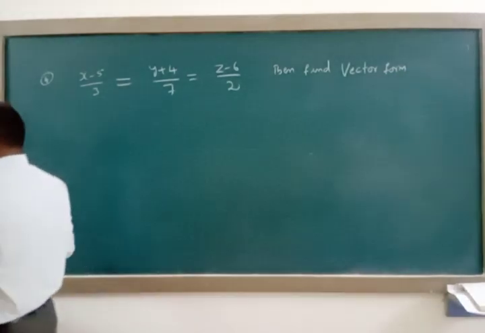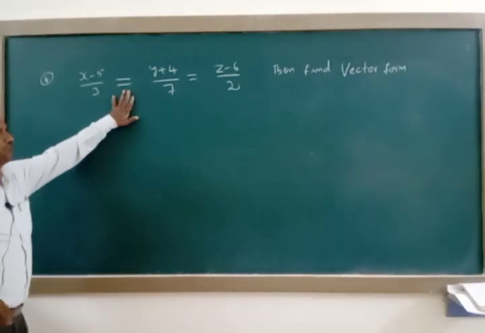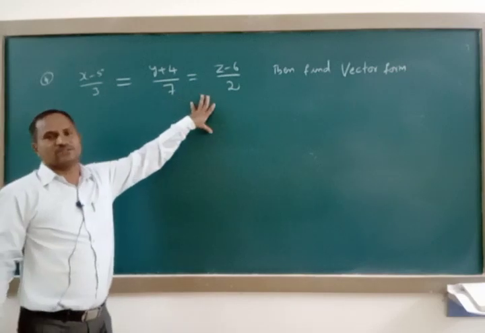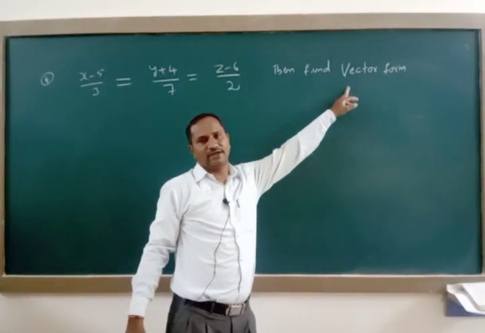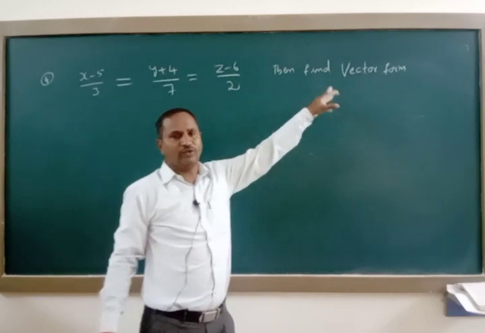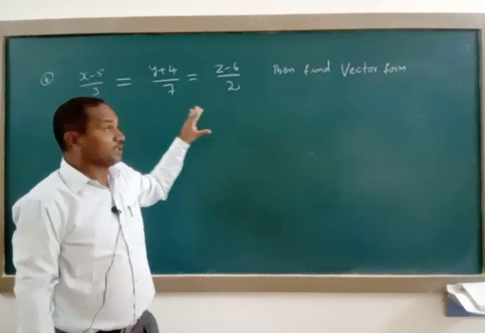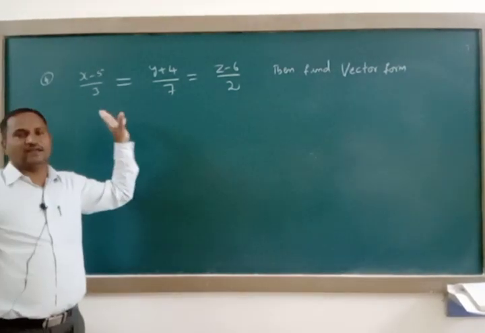See here, by seeing this question, they gave the Cartesian form of the equation of a straight line. With the help of this Cartesian form, we have to find the equation of the line in vector form. And what we need for the vector form, we must collect all from the given equation of the straight line, that is from the Cartesian equation here.